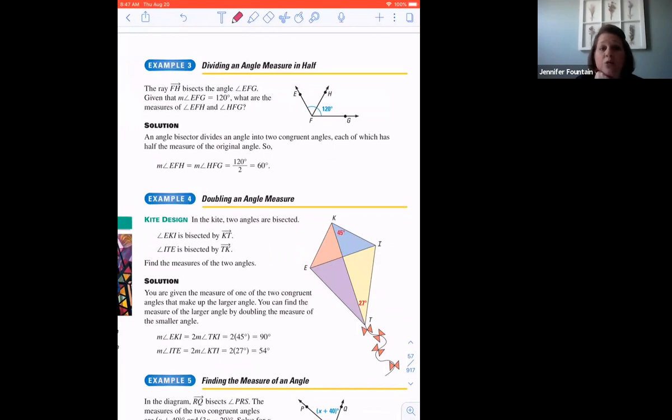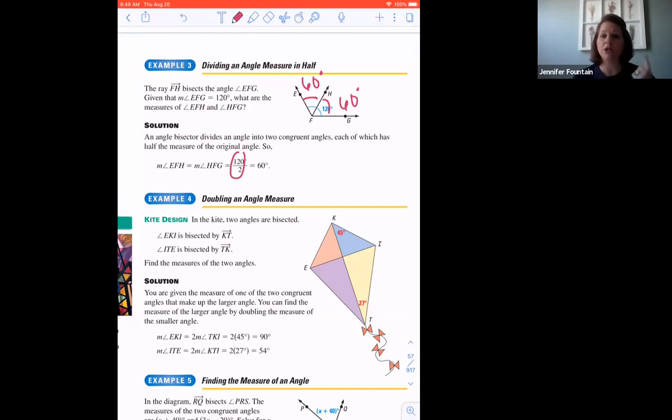Now, if we knew that the measure of EFG was 120, I want to figure out what is the measure of this angle and what is the measure of this angle? By knowing that a bisector means it cuts it in half, all I have to do is take 120 and divide by 2. So this angle will be 60 degrees and this angle is 60 degrees.